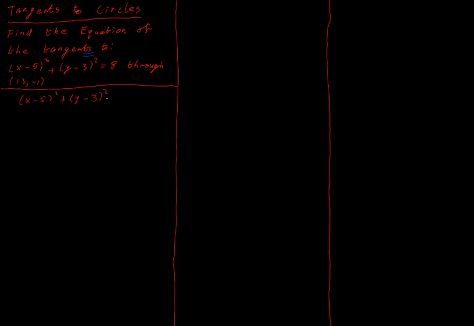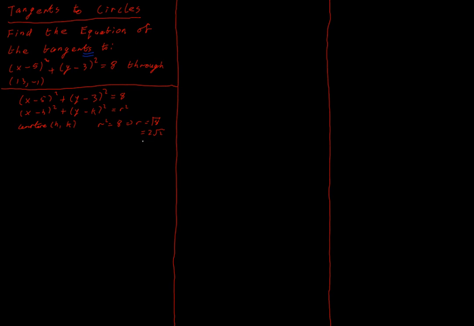So this is an equation that I recognize as being in the form (x minus h) squared plus (y minus k) squared is equal to r squared, with a center at h and k, and r squared is going to be equal to 8, therefore r is going to be equal to root 8, which is equal to 2 root 2.